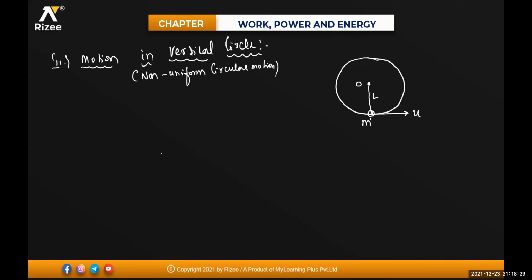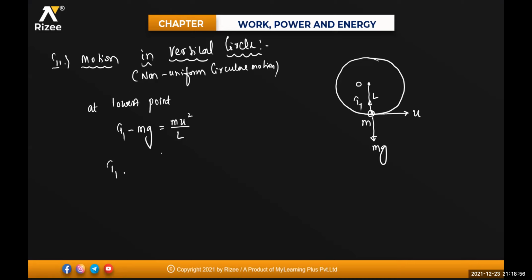So at the lowest position, if I'm writing the equation, beta, the weight of the body will be equal to mg, tension in the string T1 will be in the upward direction. So at the lowest point, what will be the tension, beta? T1 minus m into g will be equal to m into u square divided by the radius, which is nothing but L here.